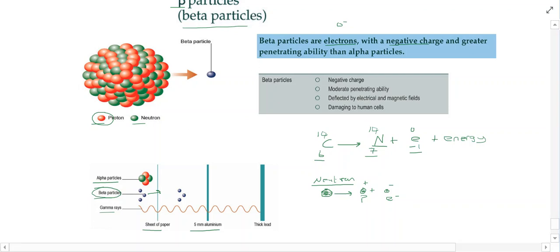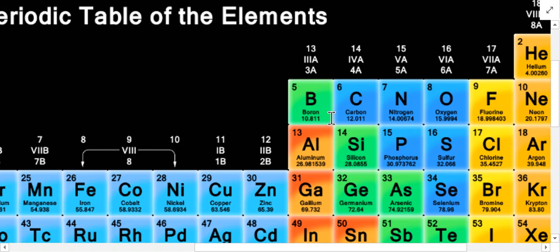If we look at this in the periodic table, this is carbon, and we can see that 6 is its atomic number. If an atom has 6 protons, it's carbon. That's what distinguishes it from anything else. If an atom has 5 protons, it's boron. Now what happens is the neutron breaks down and turns into a proton and an electron, so this number increases to 7.